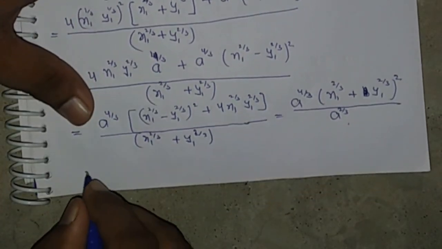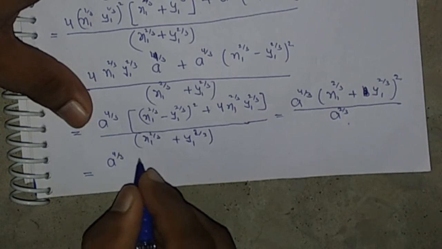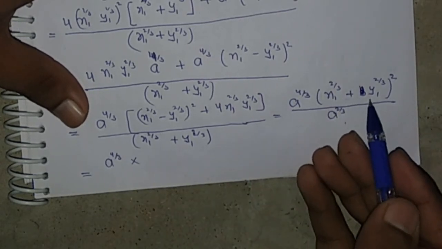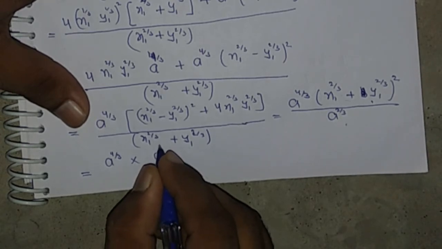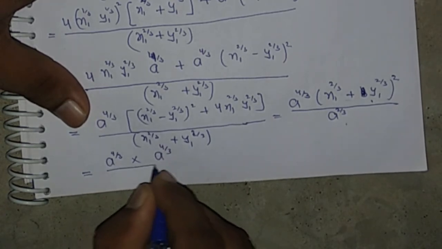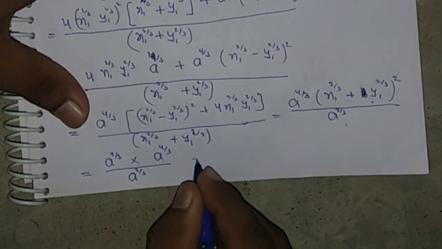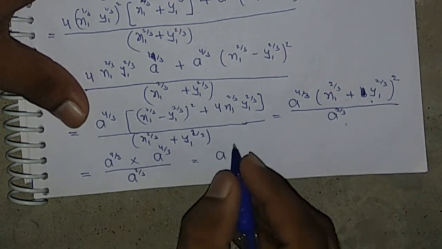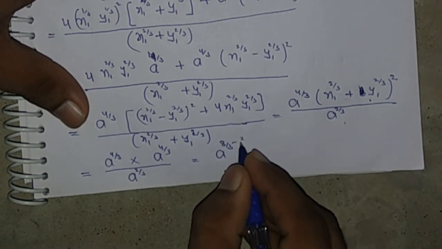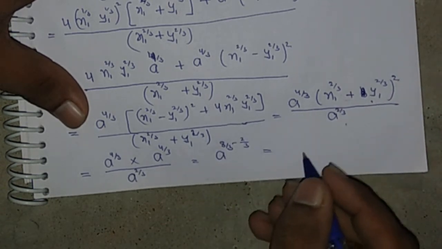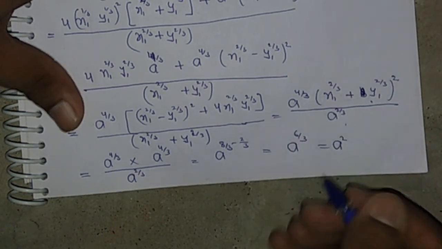Then we have a to the power 4/3 into a to the power 2/3, and the square of this term is a to the power 4/3 by a to the power 2/3, then a to the power 8/3 minus 2/3, it is a to the power 6/3, which means a square, and it is the answer.